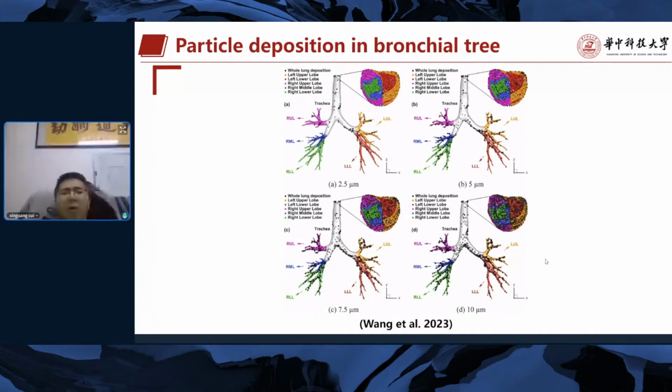the particle release position is highly related to the final positions.